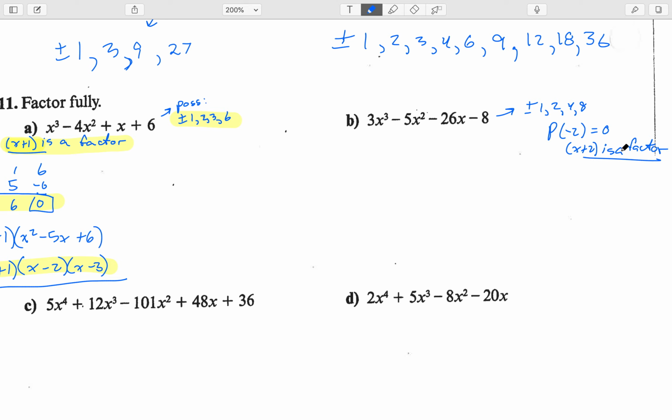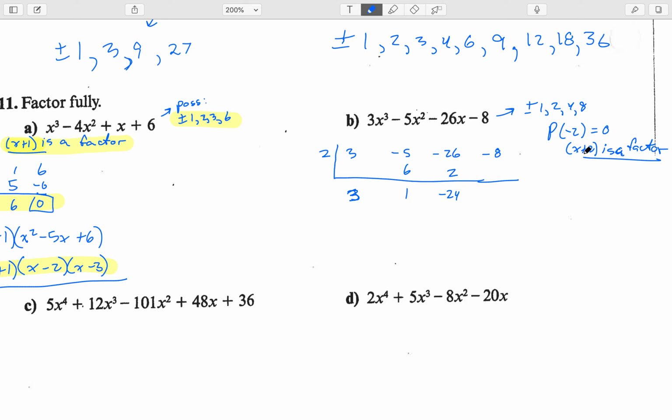Factor. Yay, that's important, which means I know I can do my synthetic division. Let's do it. 3, negative 5, negative 26, negative 8. Okay, 3 comes down. 2 times 3, which is 6, add them up, 1. 2 times 1, 2, add them up, negative 24. 2 times, hang on, something's not working here.